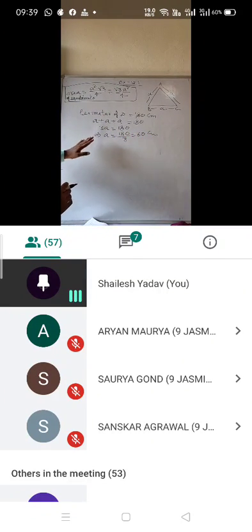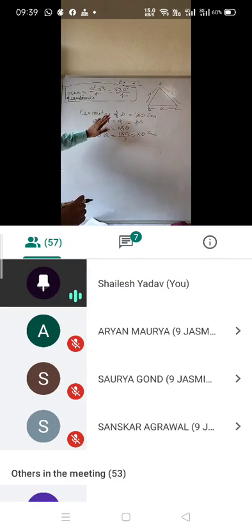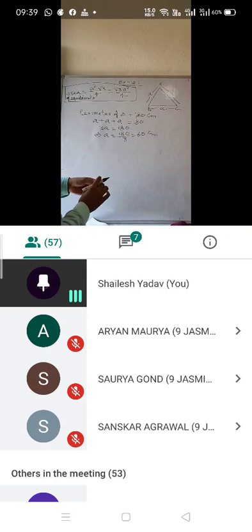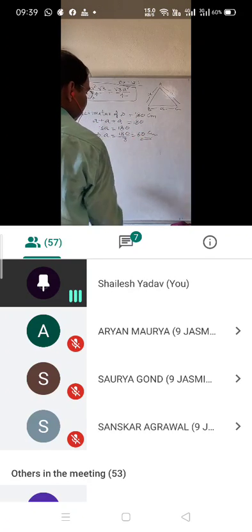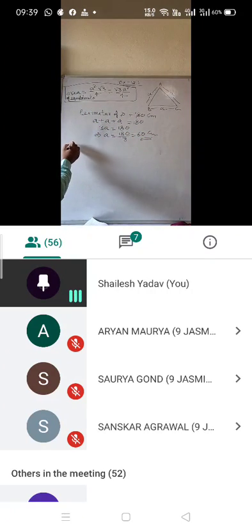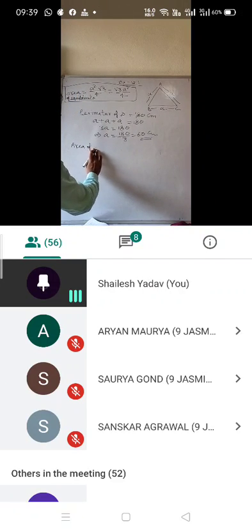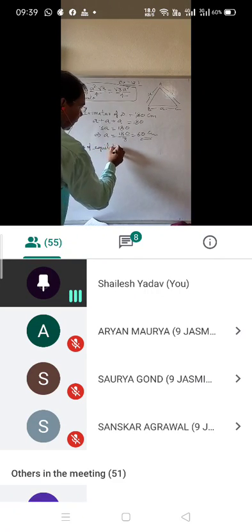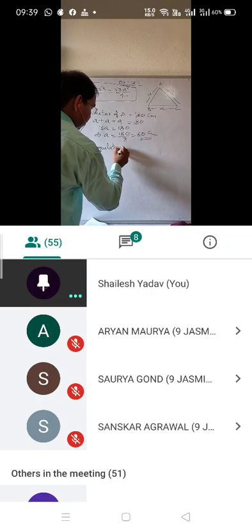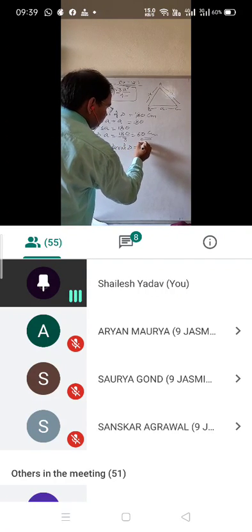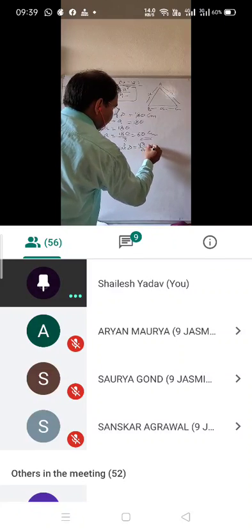So the perimeter of the triangle was given, and by that perimeter you got the side, that is 60 centimeter. Now you need to find the area. Area of an equilateral triangle is equal to root 3 by 4 a square.